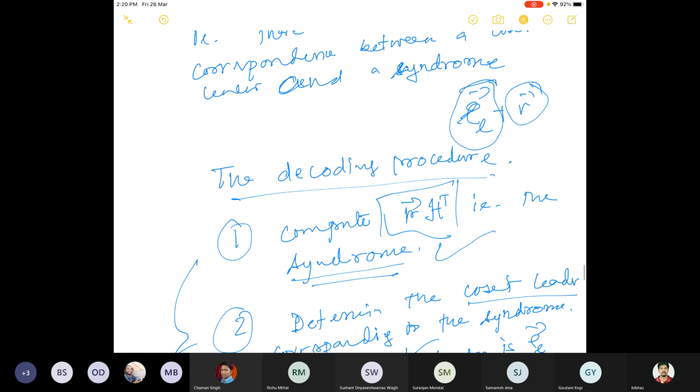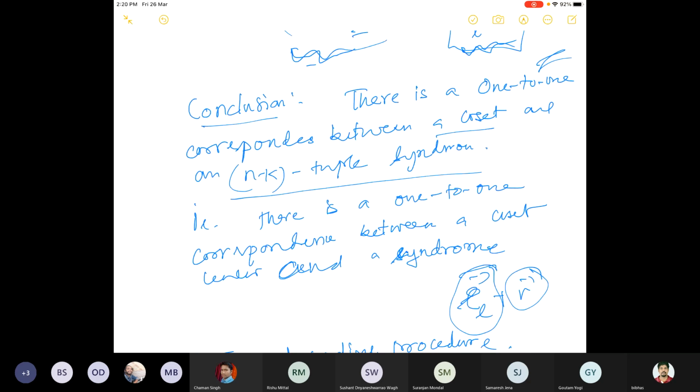Now there is a one-to-one correspondence between the syndrome and the coset. So from the syndrome, you want to construct the coset, but the coset is defined by its coset leader, so you just need to identify the coset leader.